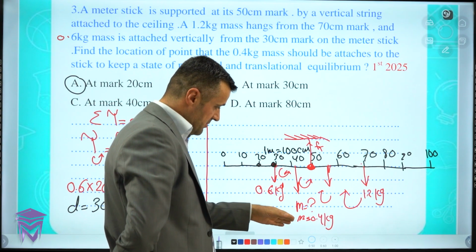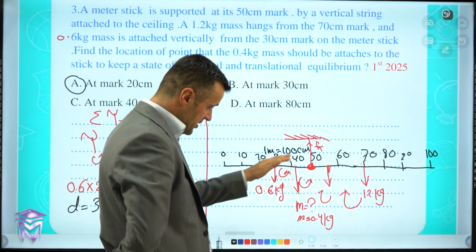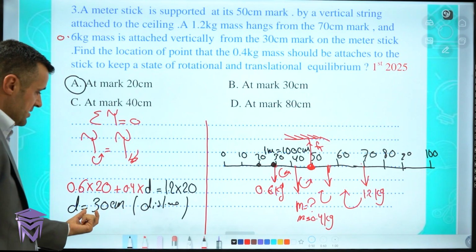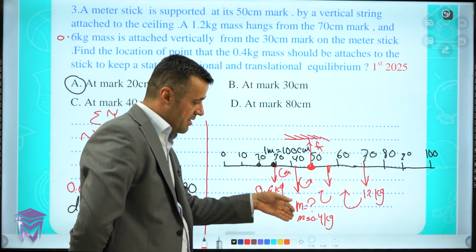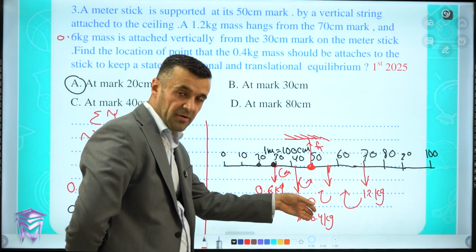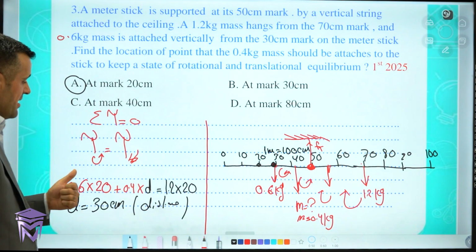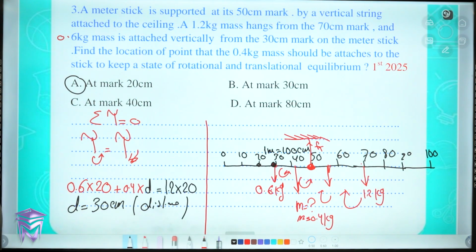This means the distance between M3 and the axis of rotation is 30 centimeter. But at the same time, we can say the 0.4 kilogram mass must be hung at the 20 centimeter mark.